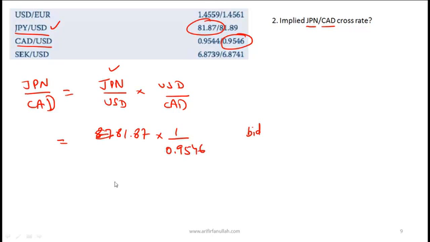So that's the bid. What about the offer? The offer, we will start with 81.89 multiplied by the reciprocal of this number. So multiplied by 1 over 0.9544. So you do this math and you get the offer.